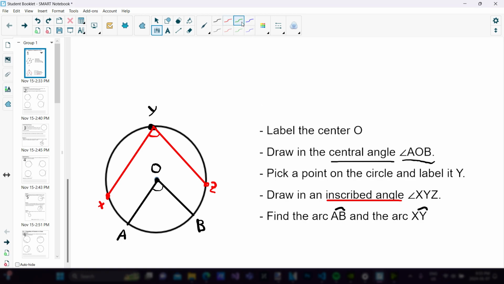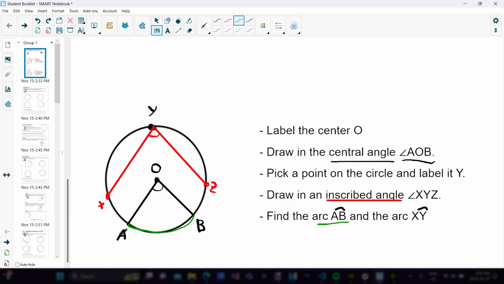And lastly, the arc. So the arc AB, arc refers to the actual circle. It's the part of the circle that goes from A to B. Well, here's A and here's B. So the shortest distance from A to B is right here.